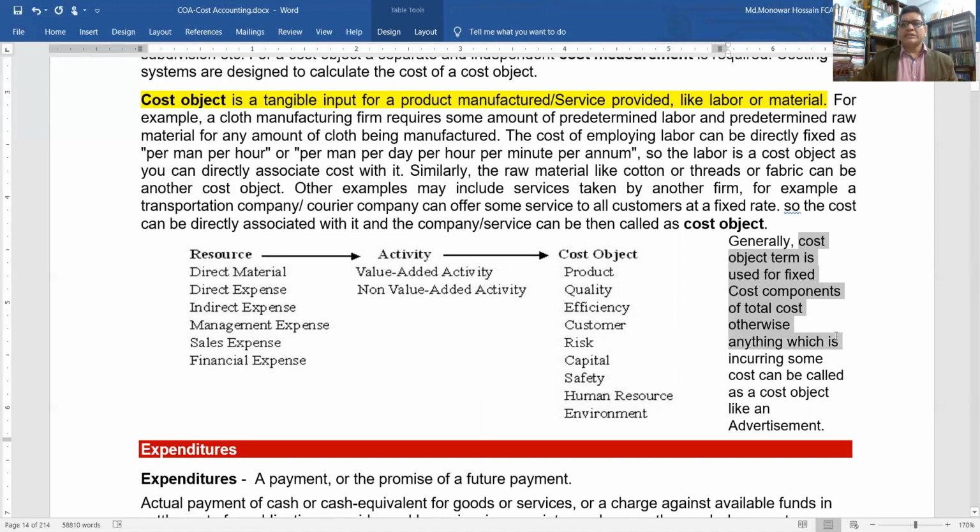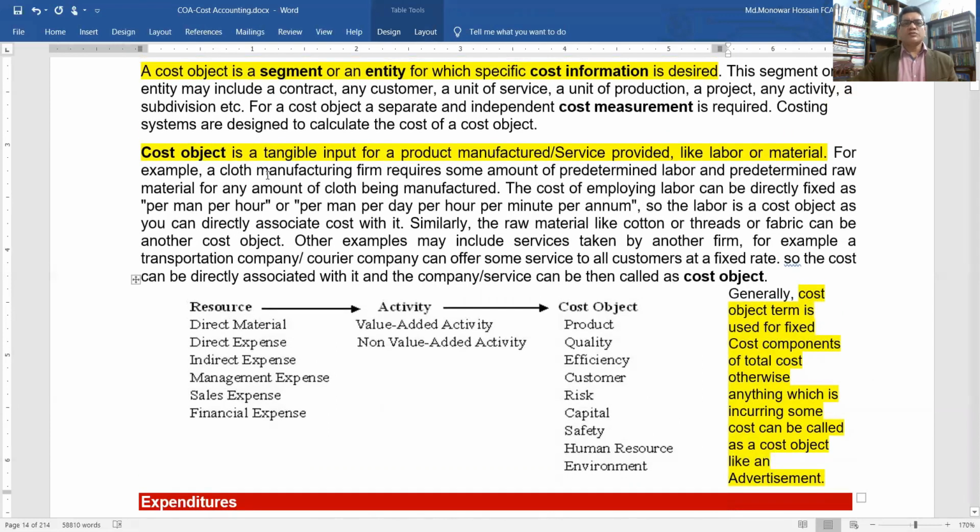Otherwise, anything which is incurring some cost can be called a cost object, like an advertisement. So a cost object is a tangible input for a product manufactured or service provided, just like labor or material.